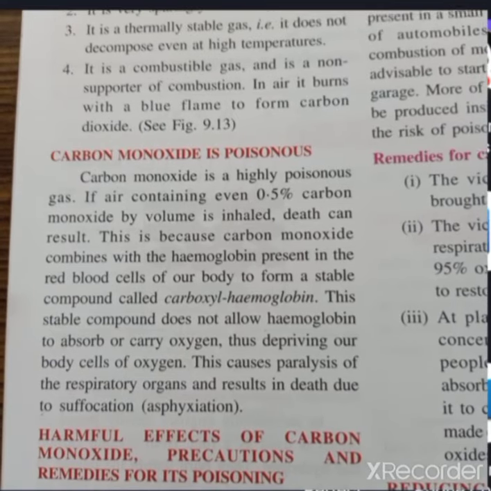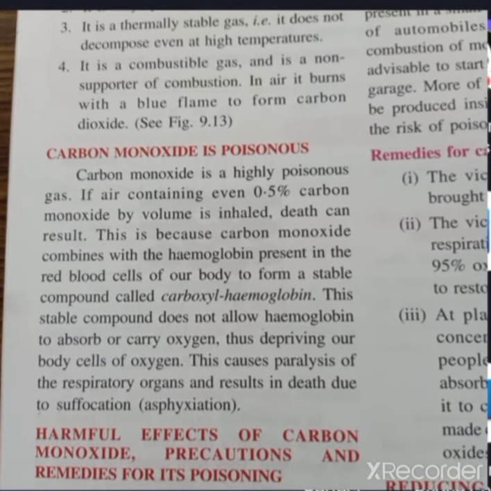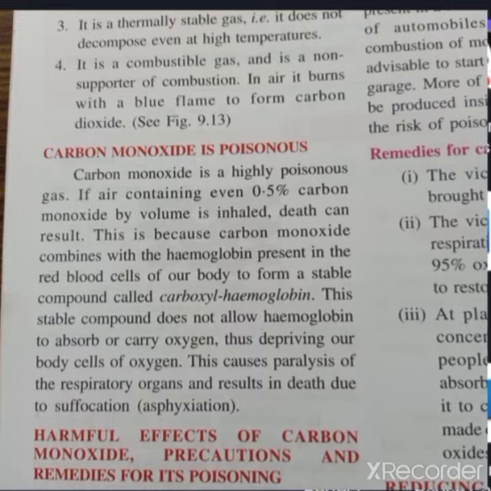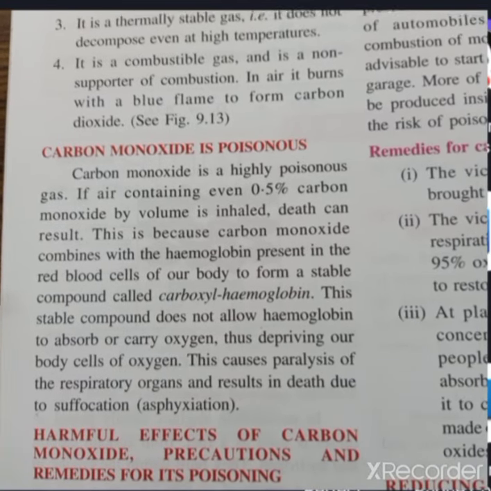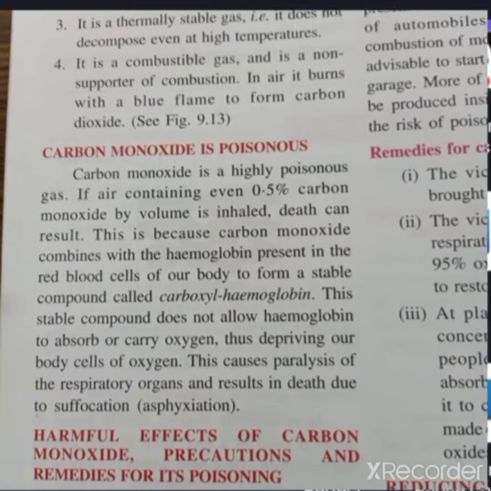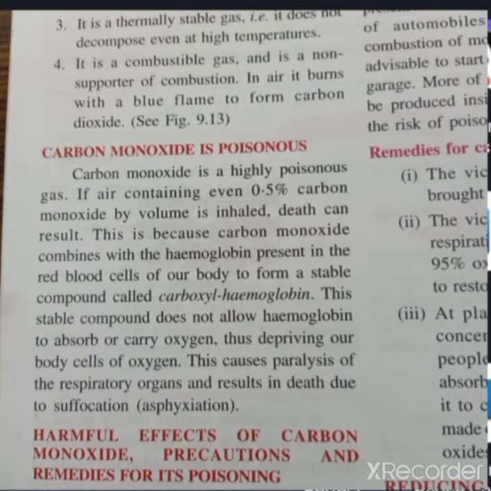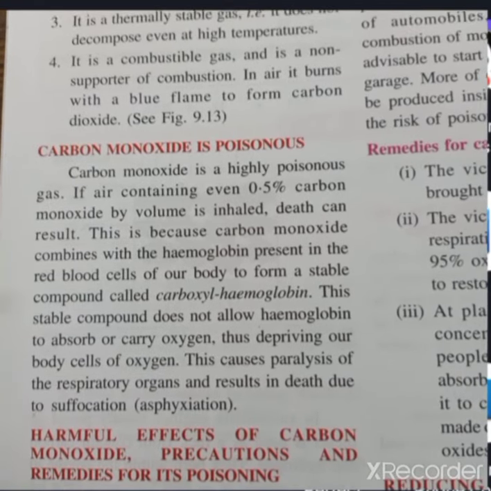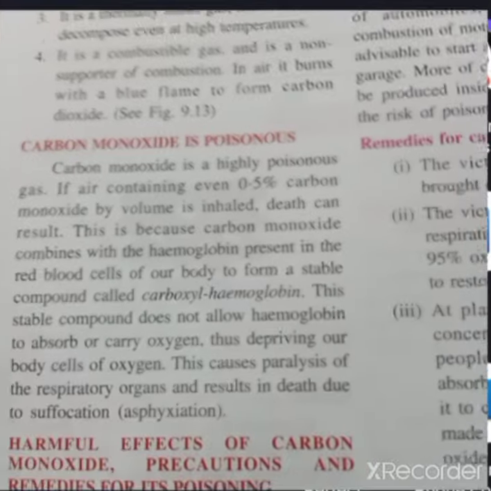It stops the supply and absorption of oxygen, and when your body does not get proper oxygen, this may cause paralysis of respiratory organs, and as a result asphyxiation, that is death due to suffocation, takes place.